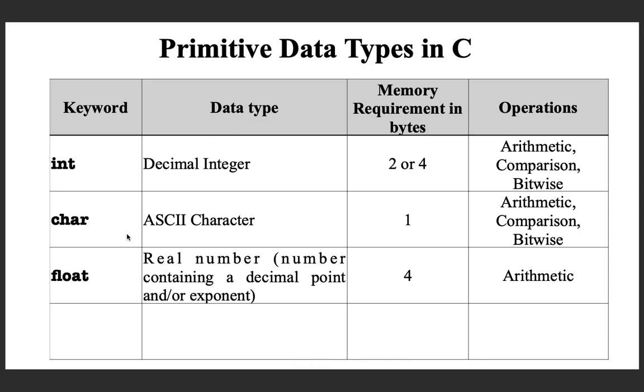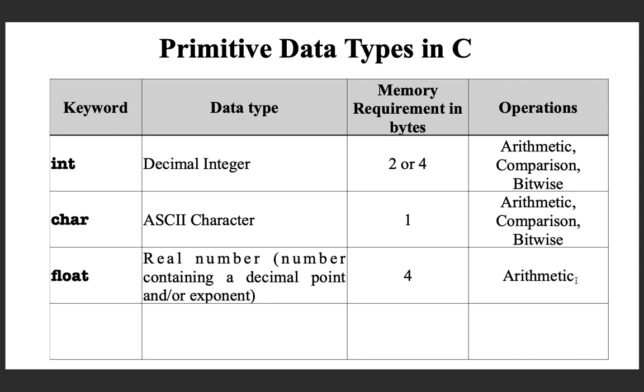And the third primitive data type included in the C language is the real number, represented by the keyword float, floating point number. It's actually a number containing a decimal point or exponent or both.